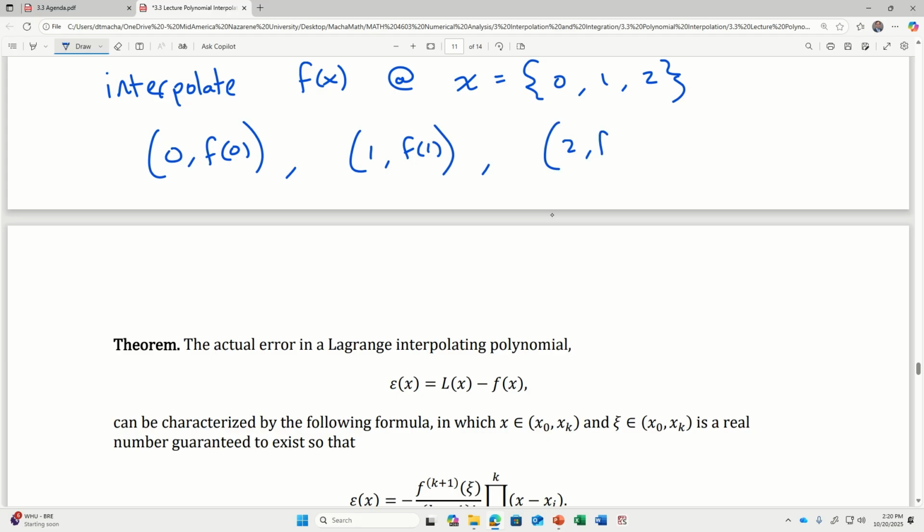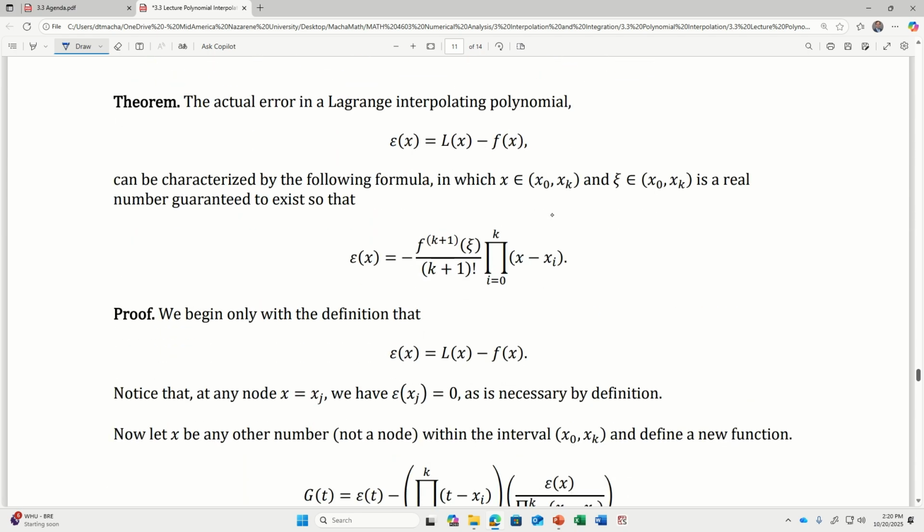If I can come up with an interpolating polynomial that passes through these three given points, then I say I've interpolated the function f. Now my interpolating polynomial is an approximation of f over the range from 0 to 2. So I'm talking about making an approximating polynomial for the function f at certain points.